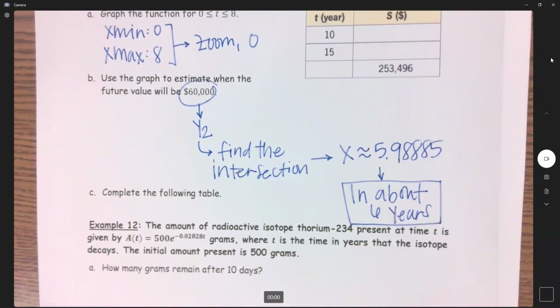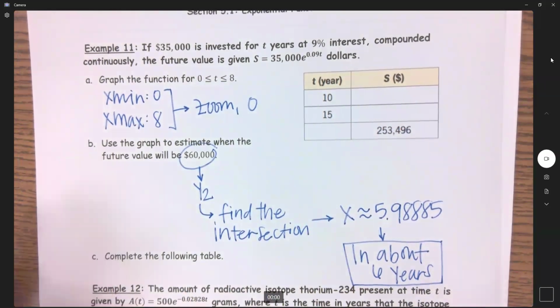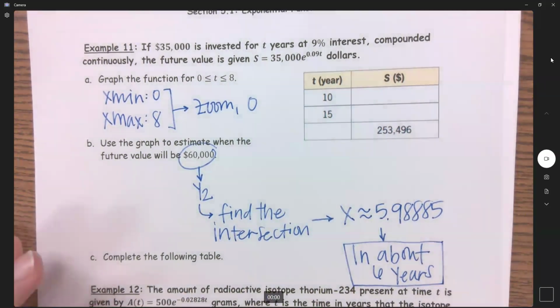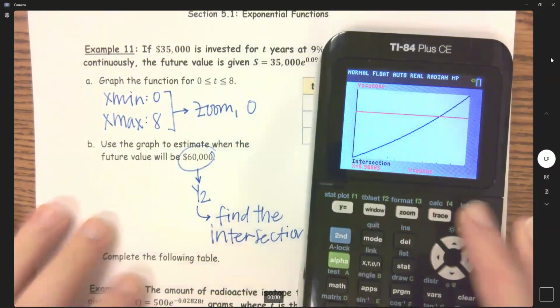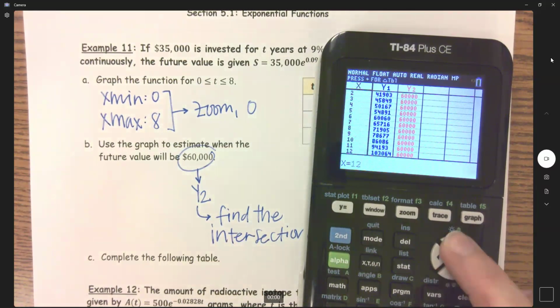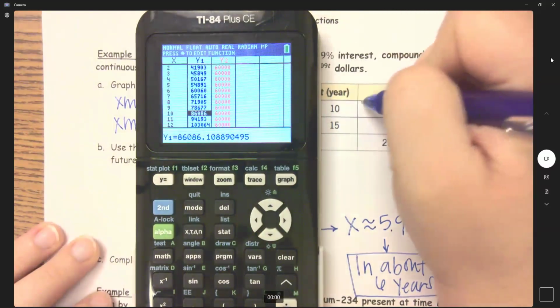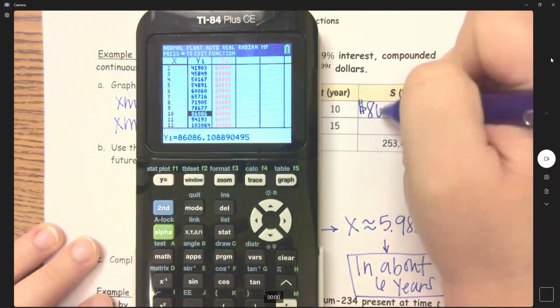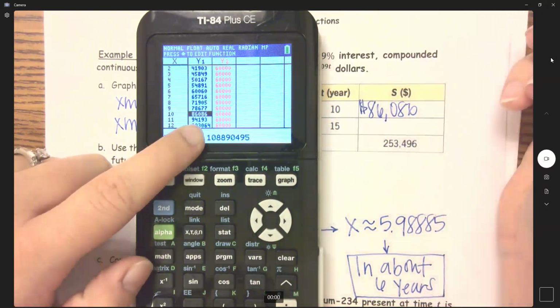So now let's complete the table. So completing the table is going to be a combination of trace and intersections. So if I want 10 and 15, I'm actually going to go to my table. Okay, at 10, we are at $86,086.